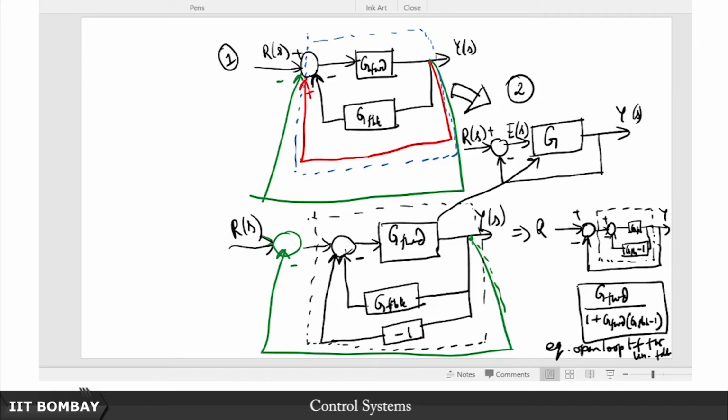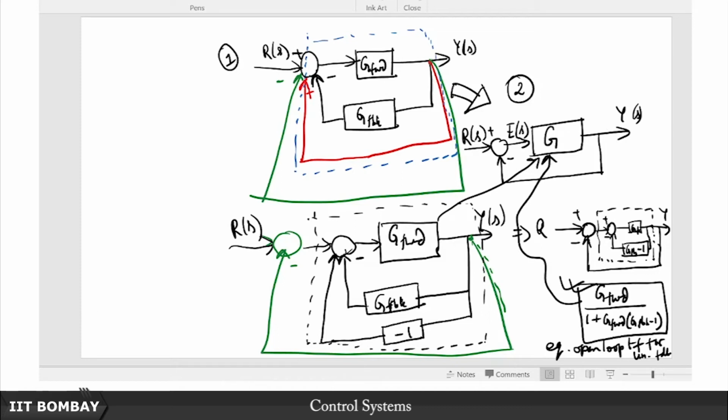You remember that the idea is that you have to get the difference between R and Y somehow or the other. So that is why you must focus on this particular transfer function for all of your studies. This is now going to be treated as the equivalent block here. So you substitute this here, and then carry on with your usual investigations.